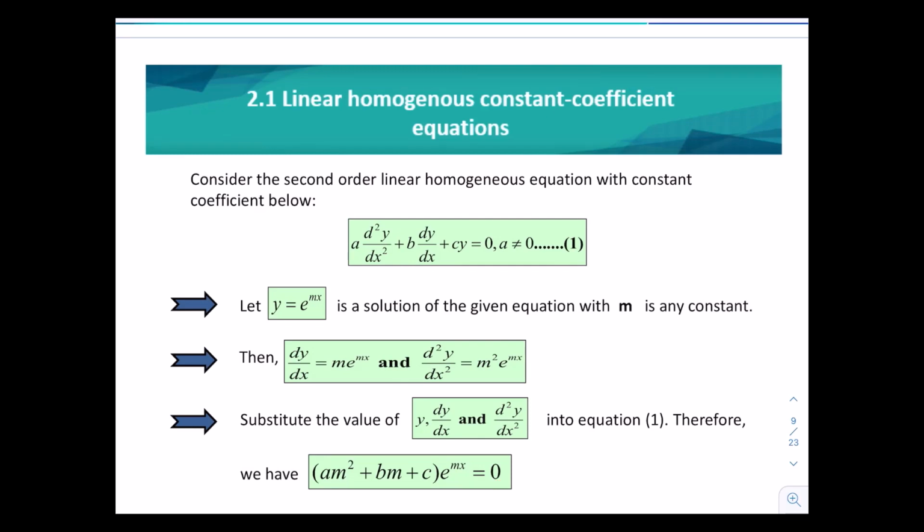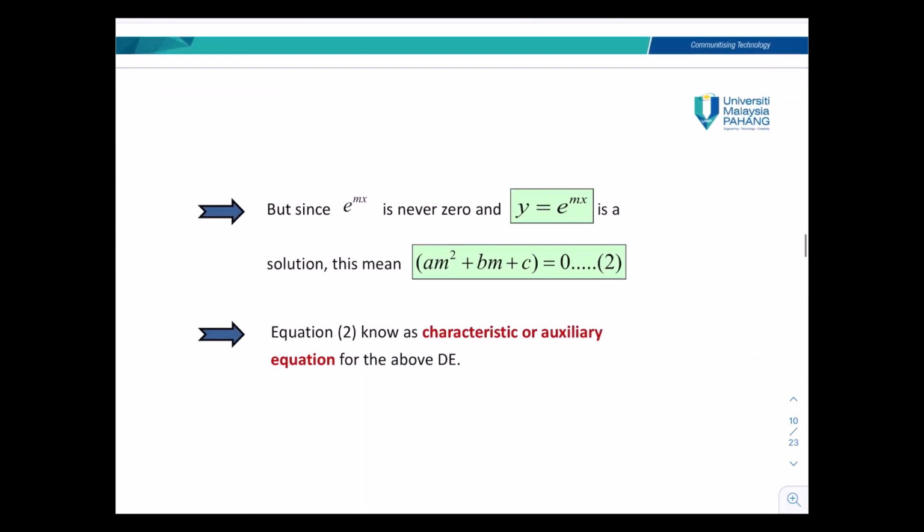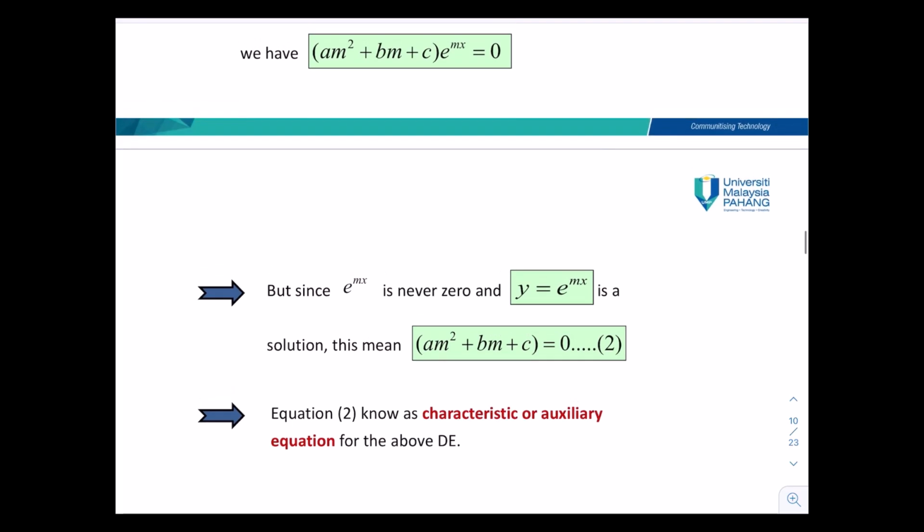You will have (am² + bm + c) e^(mx) equals 0. But since e^(mx) is never 0 and y equals e^(mx) is the solution, this means am² + bm + c equals 0, which is equation number 2.